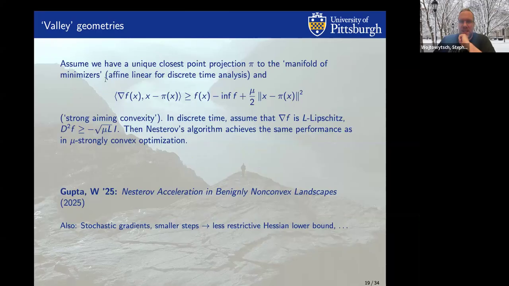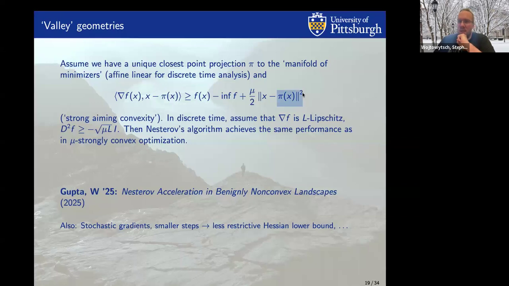And this is the place where we started our own work. And we made the assumption that this is basically the same as the picture of the valley. We've got a unique closest point projection onto the set of minimizers, and we assume that the first order convexity condition holds between every point x and its closest point projection.